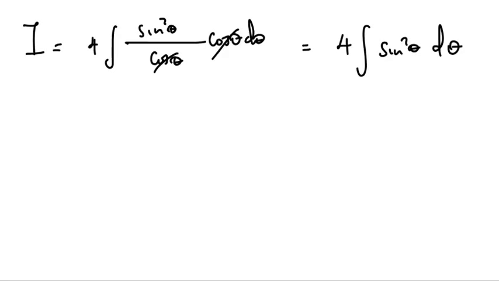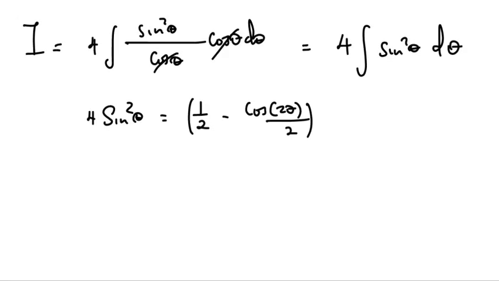Okay, that's cool, right? So from here, let us recall that sine squared of theta is equal to 1 by 2 minus cosine of 2 theta divided by 2. So we're going to use this nice identity. And if you multiply by 4, remember we have 4 there, everything will turn out to be 2 minus 2 cosine of 2 theta.